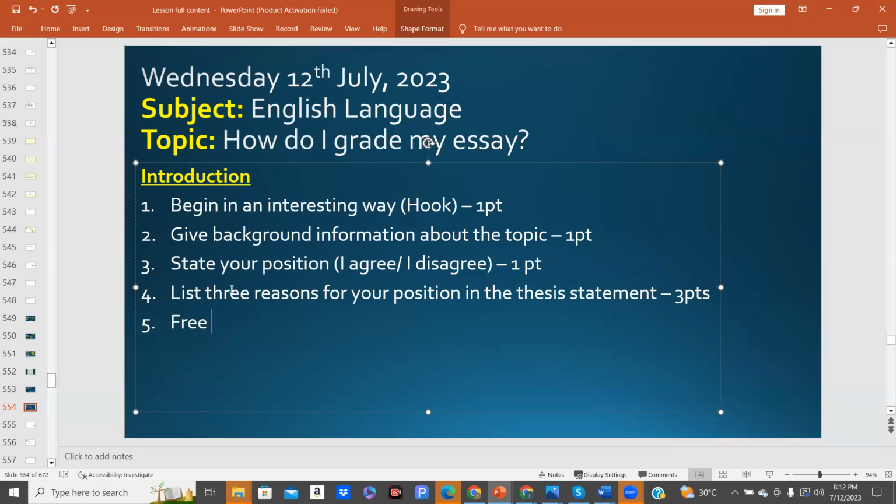Free from grammatical errors. If your introduction is free from grammatical errors, then you get 2 points. Next thing is the language.